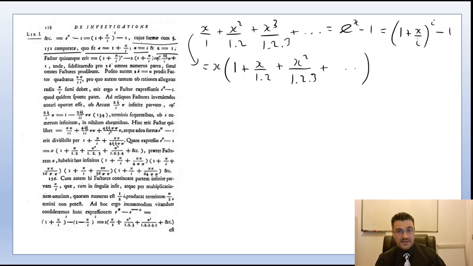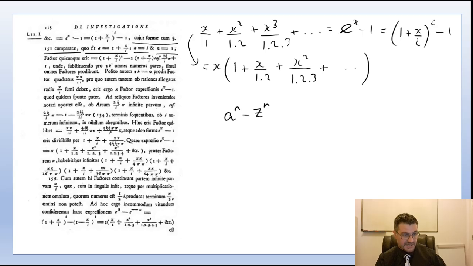So if you remember in section 151, which I went through at the beginning of the previous video, Euler was interested in developing a technique for finding the real simple (linear) and quadratic factors of expressions of the form a to the power of n minus z to the power of n.